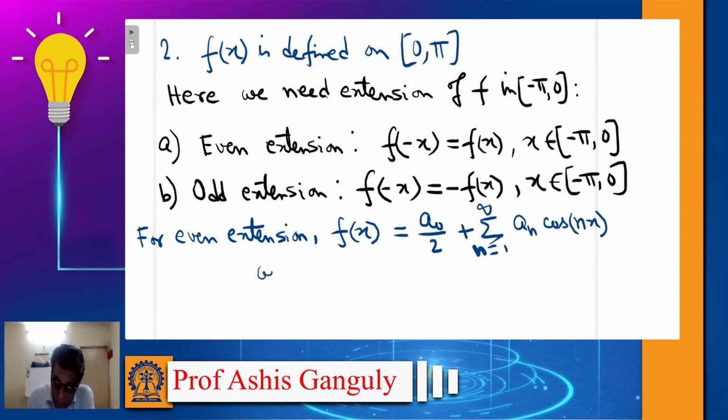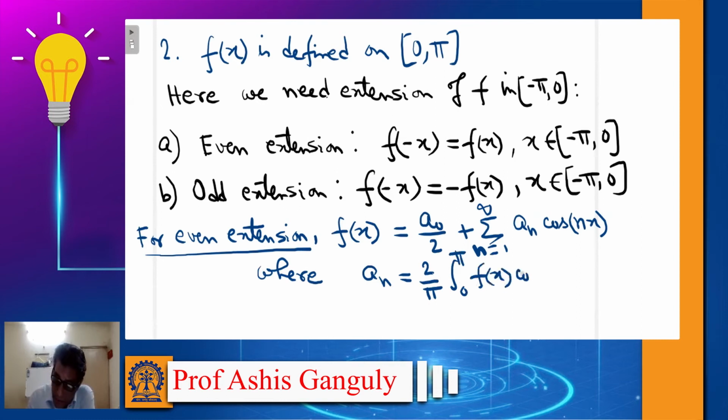where, for even extension, an will be 2 by pi this time, integral 0 to pi f(x) cos nx dx.